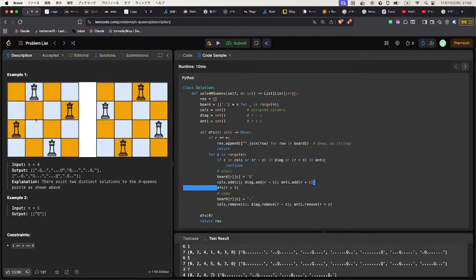So if we think about this diagonal line: 0, 2; 0, 1; 1, 2, that is 3; 2, 3, 4; 0, 1; 1, 1; 1, 3.